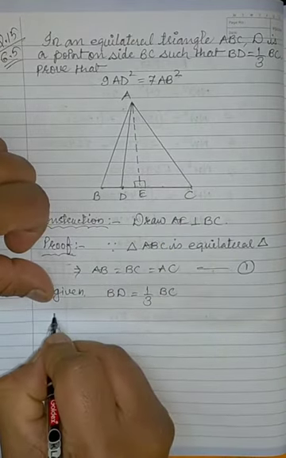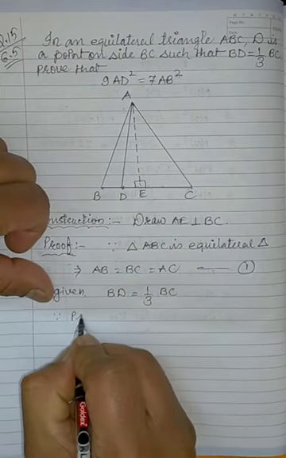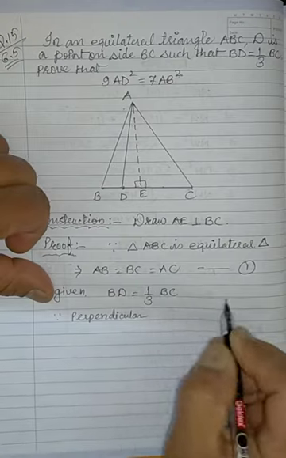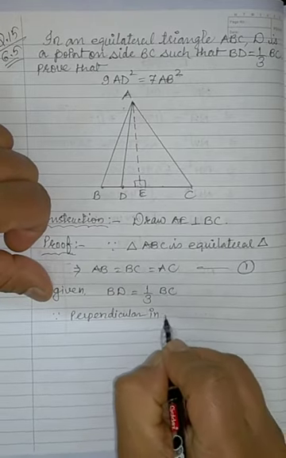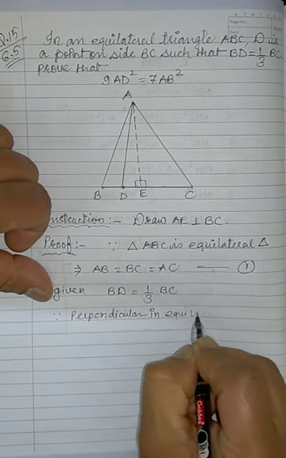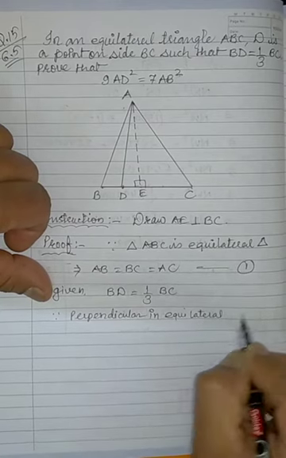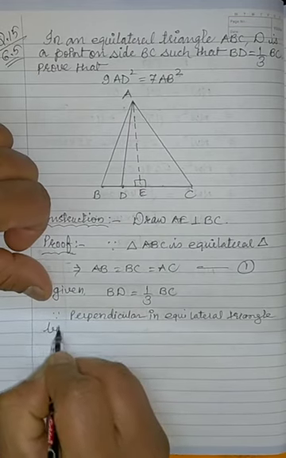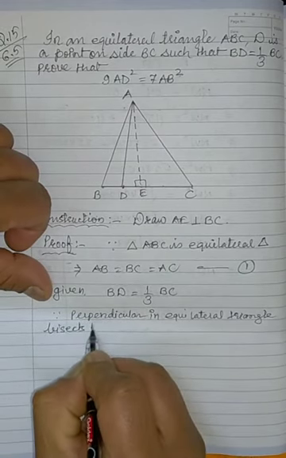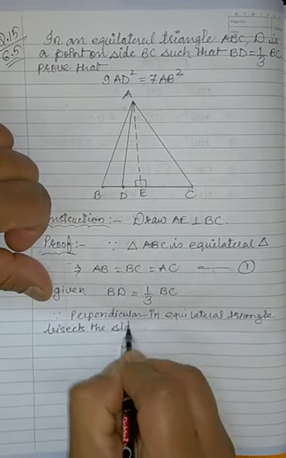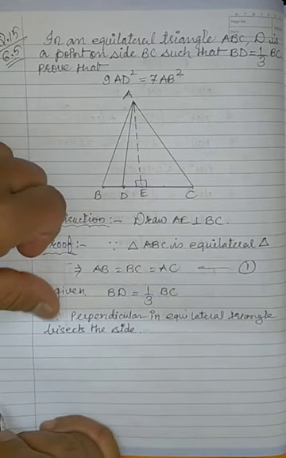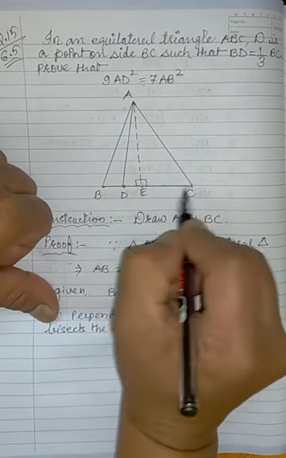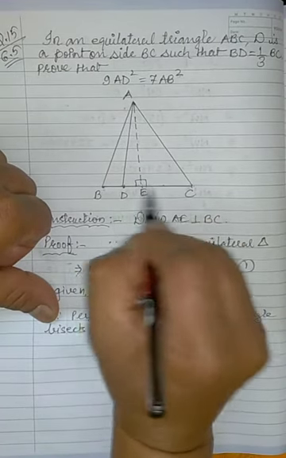Since we know that the perpendicular or the altitude in an equilateral triangle bisects the side on which it is drawn, that means AE, which is perpendicular to BC, bisects BC.